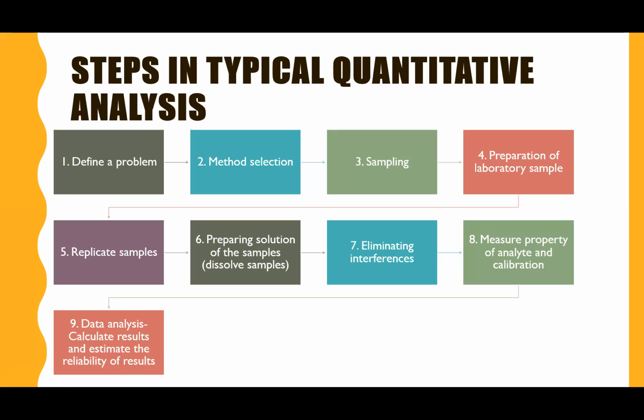All right. Now, when we talk about quantitative analysis, there are 9 steps in a typical quantitative analysis. In all quantitative analysis, we need to follow these 9 steps in order for us to come out with the results. The first one, you have to define a problem and then do method selection based on the problem. And then you do sampling based on your method selection.